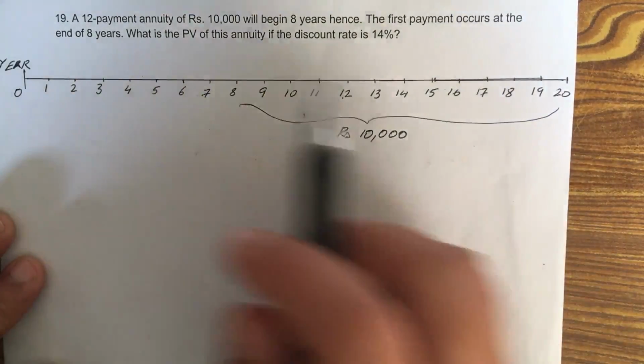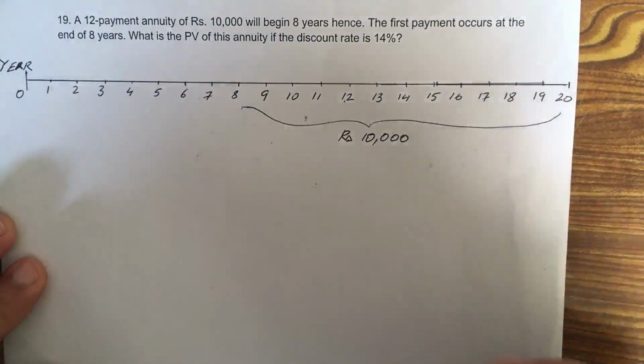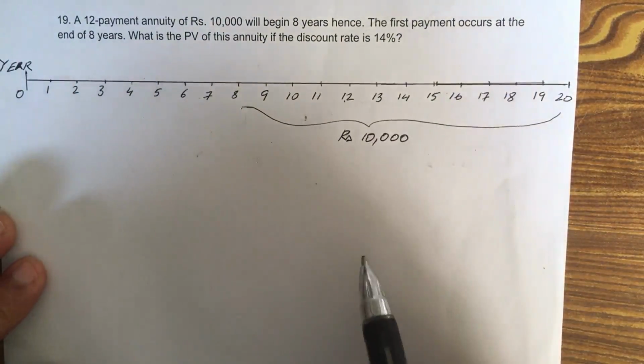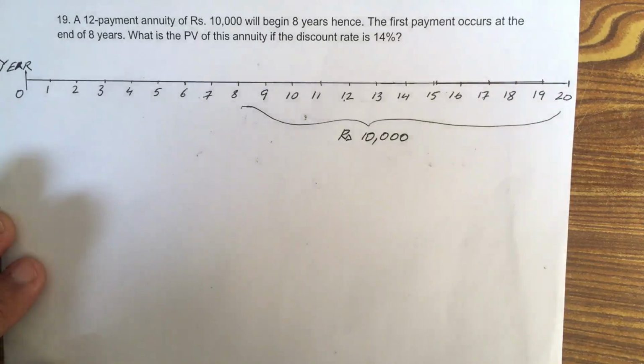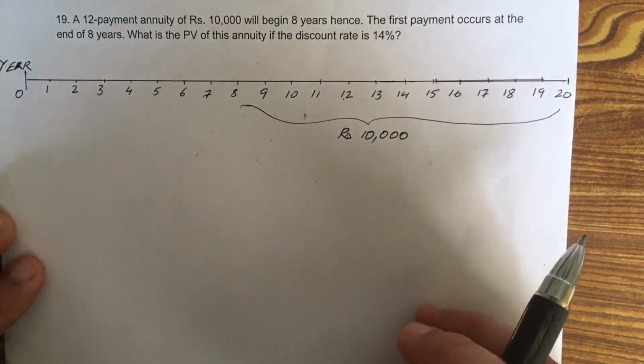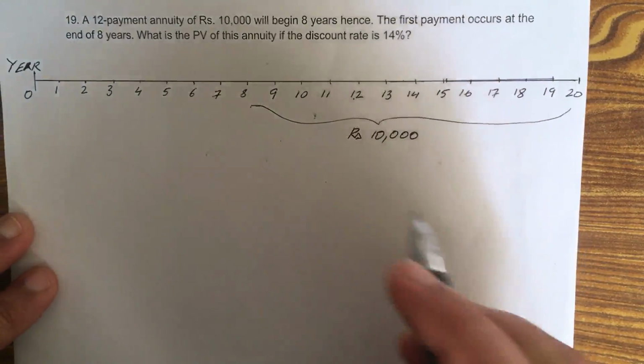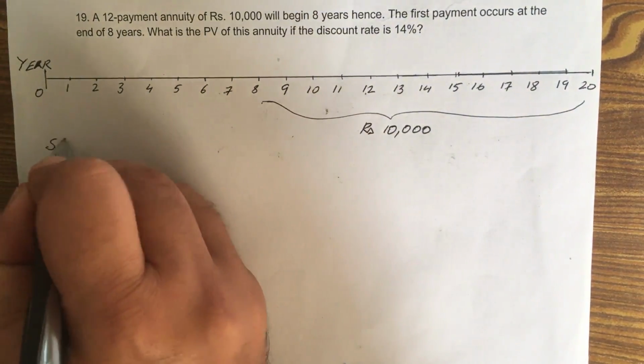Now, how do you solve this problem? What is the present value? We have to find out the present value. Now, this problem can be solved in 2 steps. Step number 1.